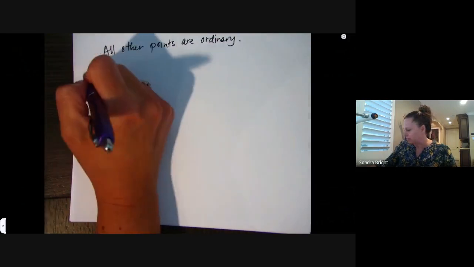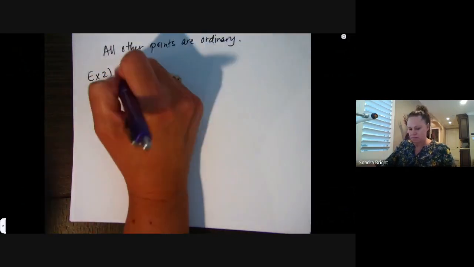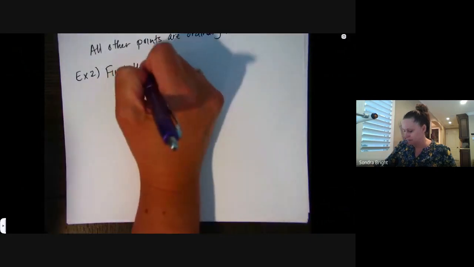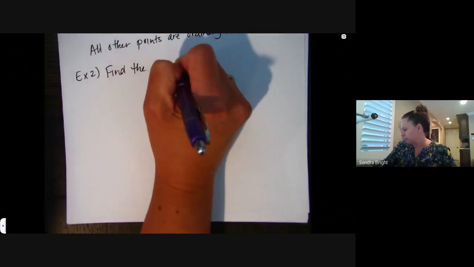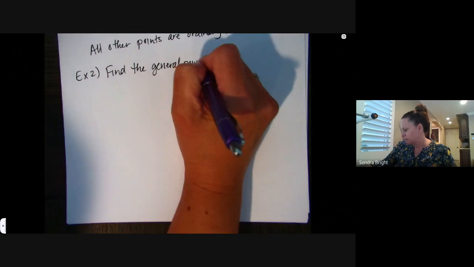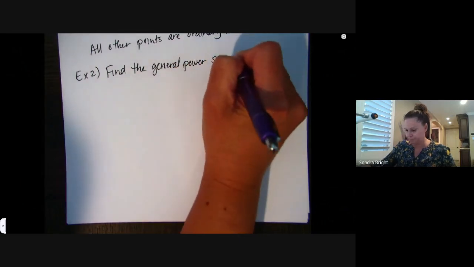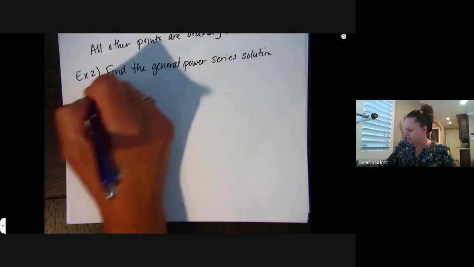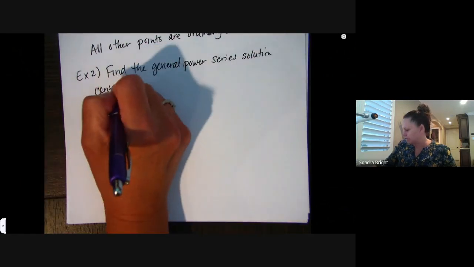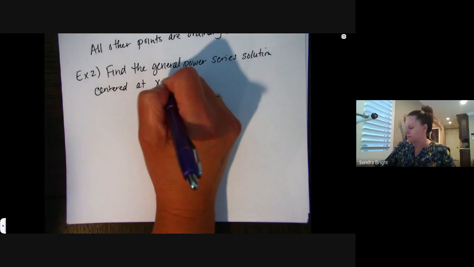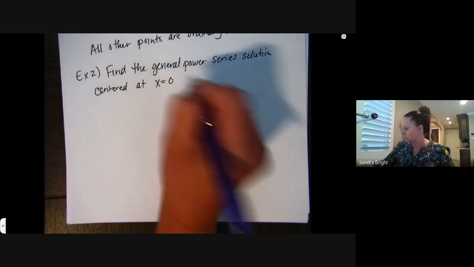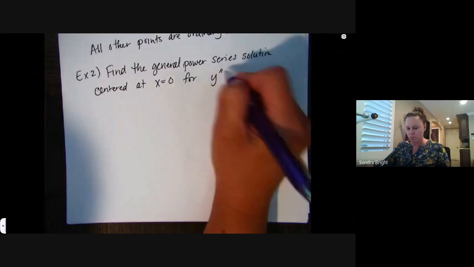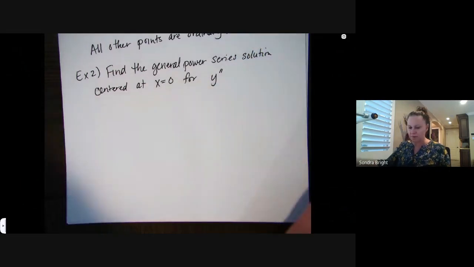We're finding the general power series solution centered at x equals, your x naught is 0 here. Let's start with example 2, y double prime plus y equals 0.